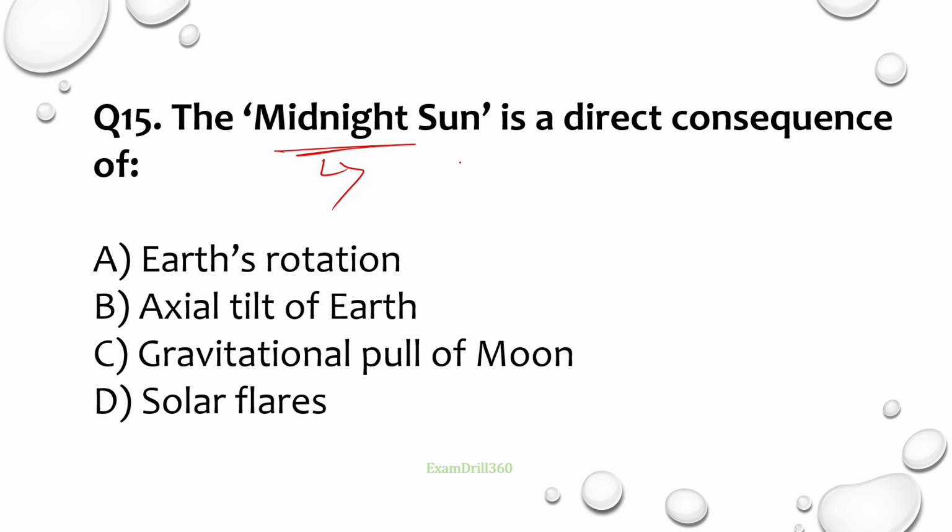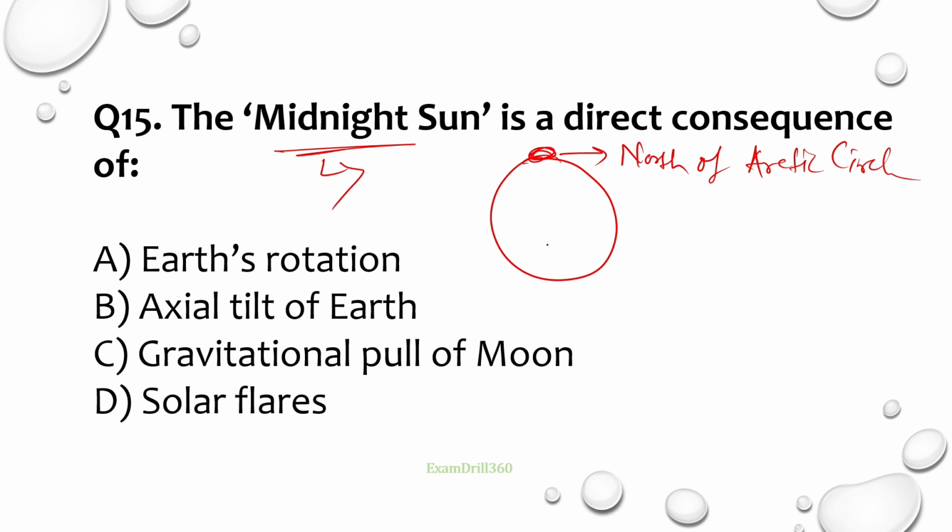Midnight sun, this term refers to the consecutive 24-hour periods of sunlight which is experienced somewhere in the north. We see in this north, this part is north of the Arctic Circle, and this region is what? The south of the Antarctic Circle.